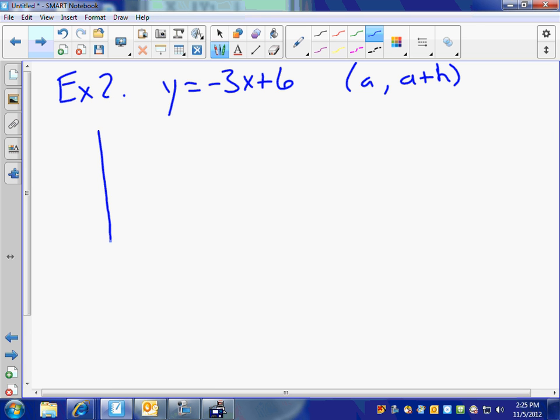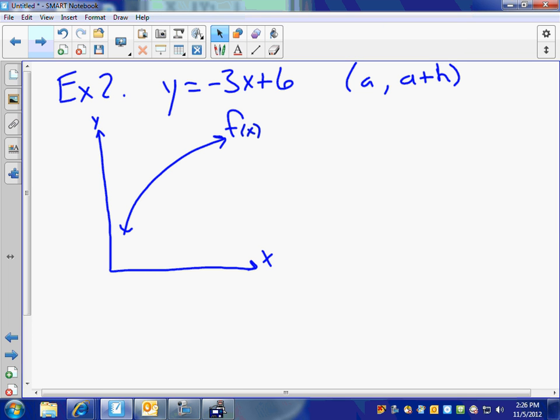Now, let's make a little sketch just like we did before. We'll call this y. We'll call this x. And we'll call this f of x. And I have my first point. My first point is a.